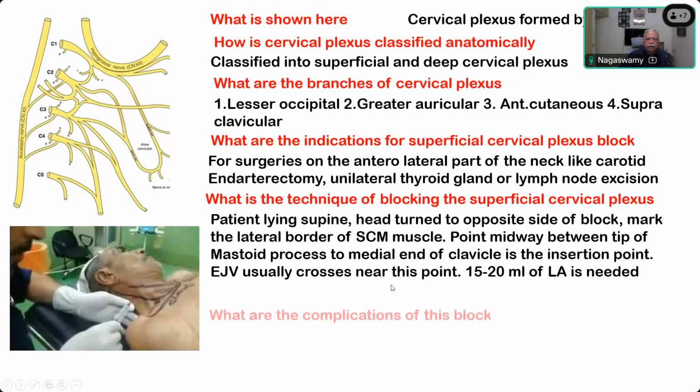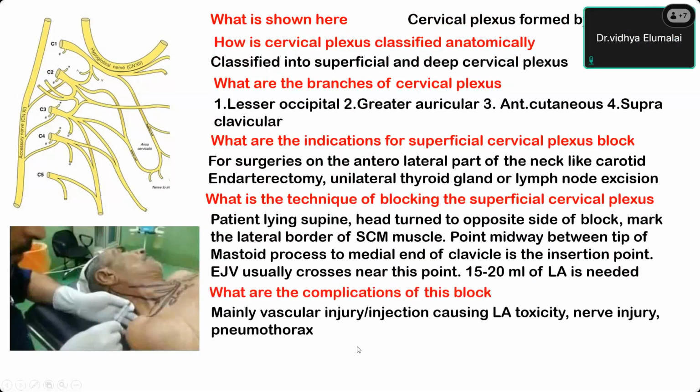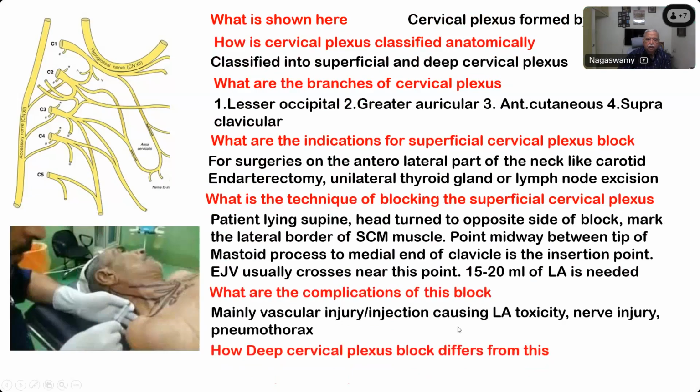What are the complications of this block? Horner syndrome, mainly vascular injury, injection causing LA toxicity, nerve injury, and pneumothorax. How does deep cervical block differ from this superficial cervical block?